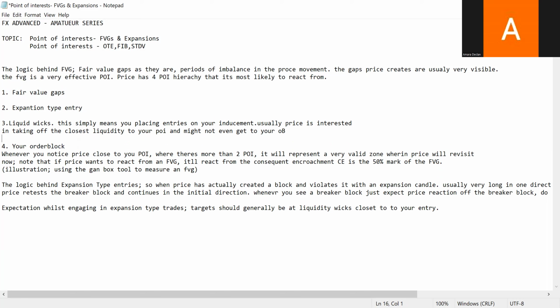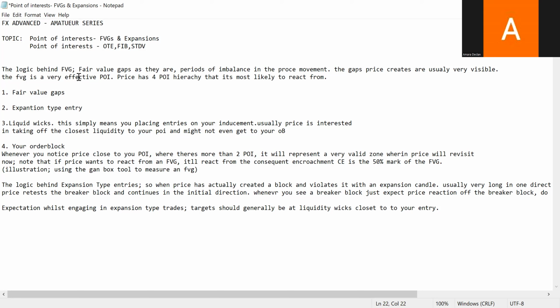Each movement of price is to achieve an objective, and there are several objectives which price is most likely to go for, which is grabbing liquidity and printing these fair value gaps.